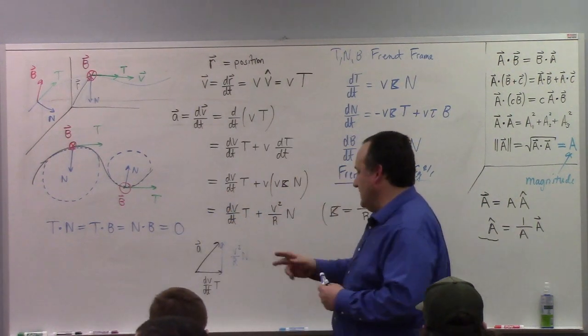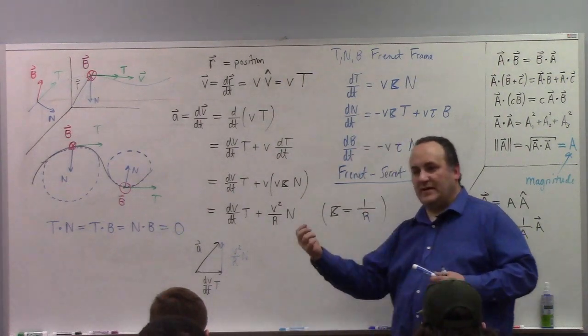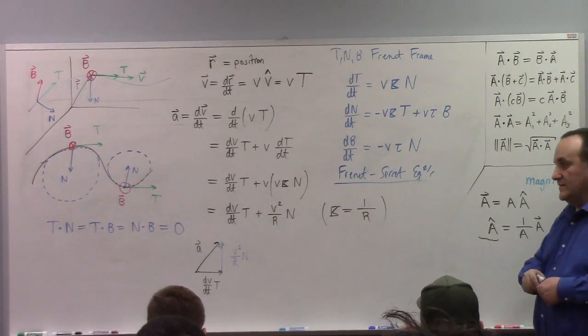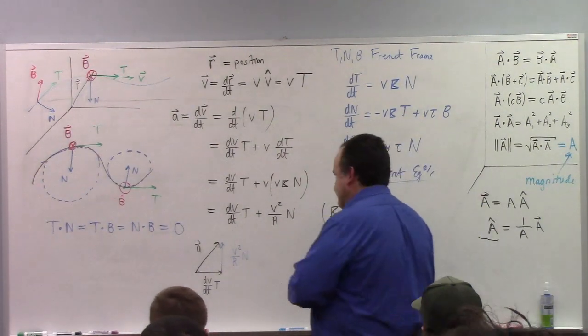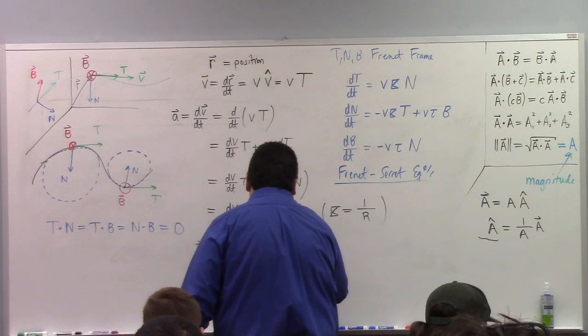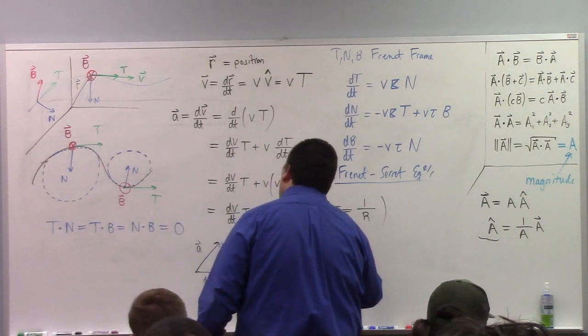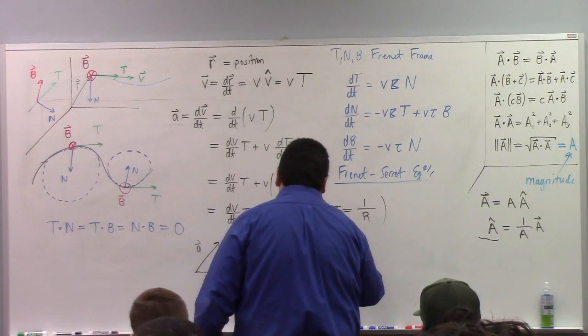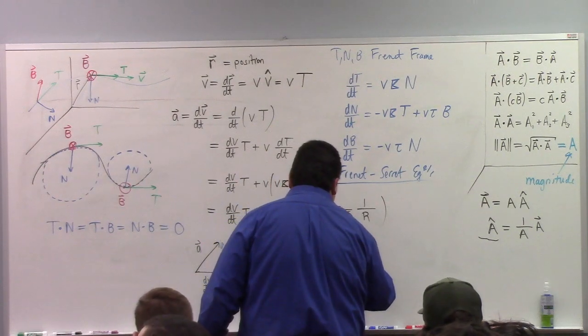My point to you is that the n direction and the t direction are perpendicular. So we have the Pythagorean theorem in this case. The length of A is what? The magnitude of the acceleration is actually the square root of dv dt squared plus v squared over r quantity squared.